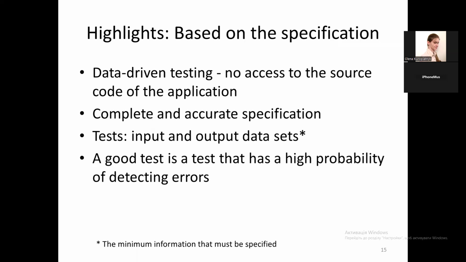We have only a complete and accurate specification. I remind you that a specification is a description of our program or part of the program. In this description, we write about the functions of our program and input and output data and their types.